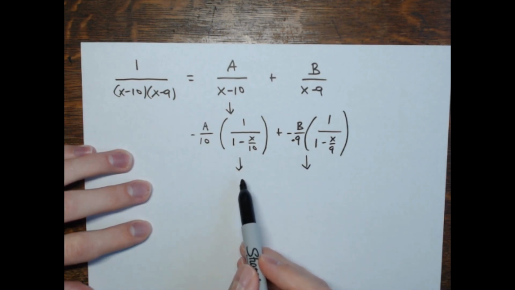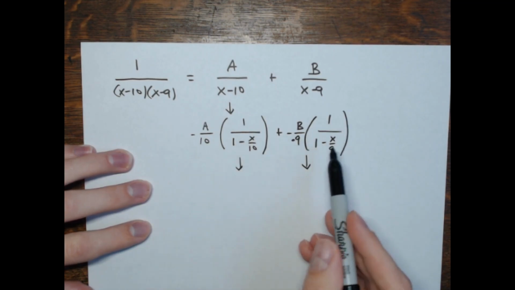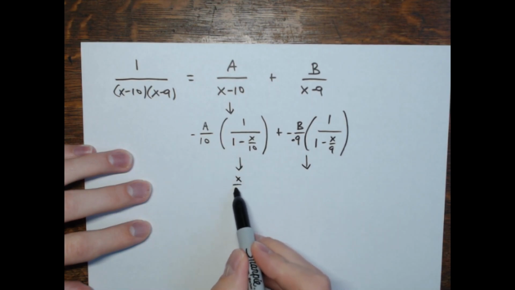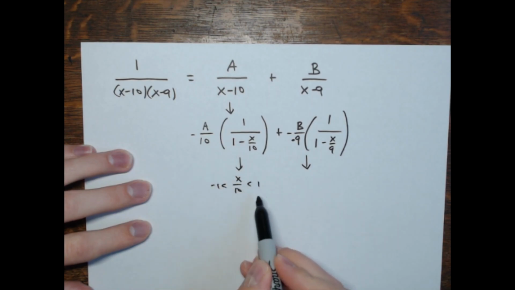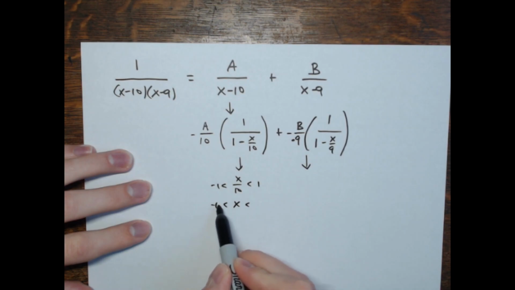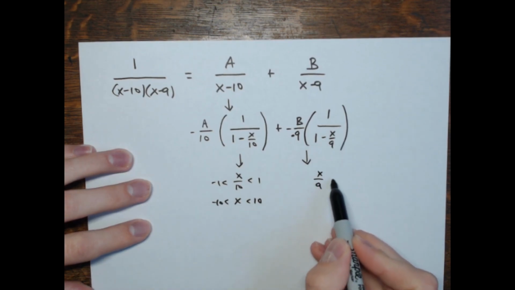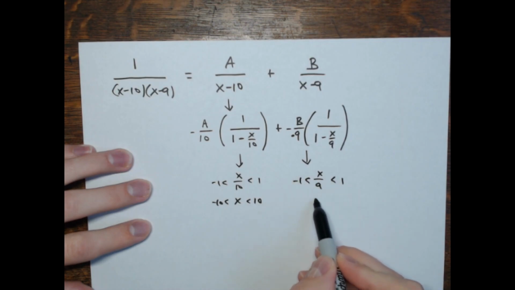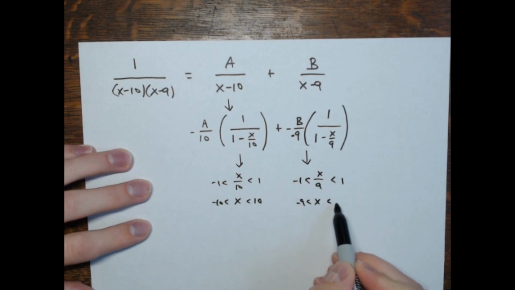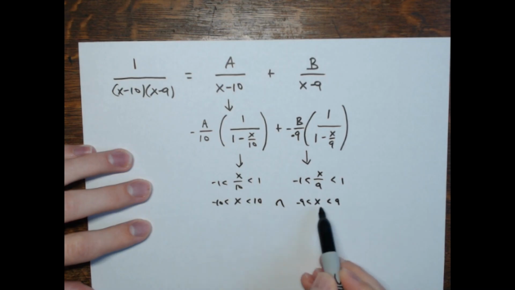if I'm trying to find power series that converge to these functions, here we need x over 10 to be between negative 1 and 1, so x to be between negative 10 and 10. Here we would need x over 9 to be between negative 1 and 1, so x to be between negative 9 and 9, and then I'm doing the intersection of these, right?